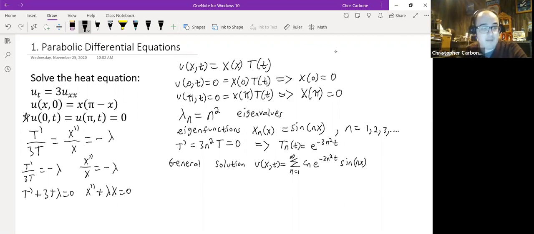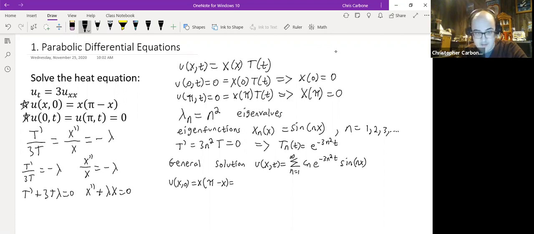And based upon this other condition here, this initial condition, we could utilize that. So this would be u of x comma 0. Again, we got x times pi minus x.